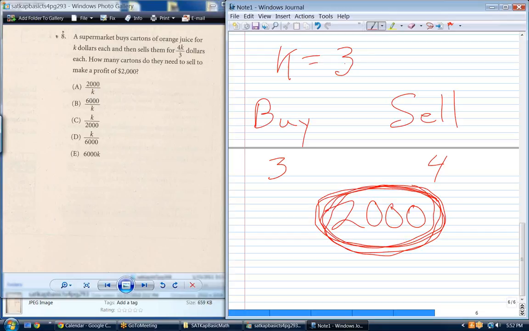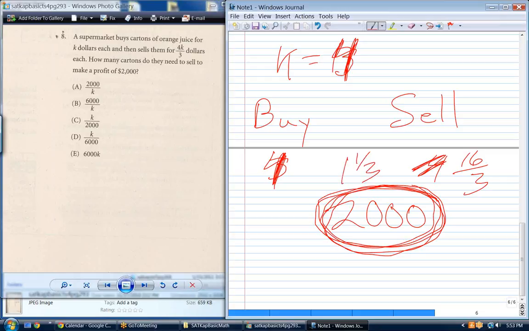Now, why did I pick K of 3 instead of 4? Notice that if I'd picked 4, I'd have been buying it for 4. Then I would have been selling it for 16/3. What's the profit there? Boy, I don't know. It's a fraction. It's going to be hard to do it that way. In fact, you would be selling it for 5 1/3, so you'd make 1 1/3.